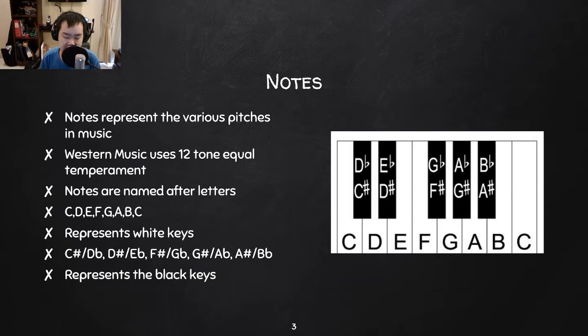Now, in classical and more chamber settings, you're not going to be using exactly 12-tone equal temperament. You're going to be using something known as pure tuning, which requires adjustment in tuning from the musicians to create a much more harmonious sound.